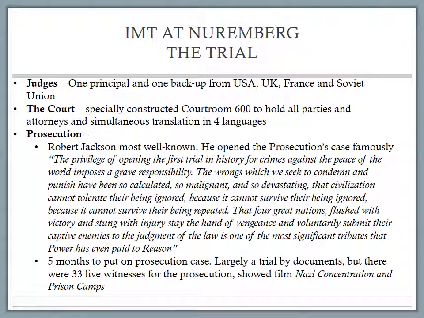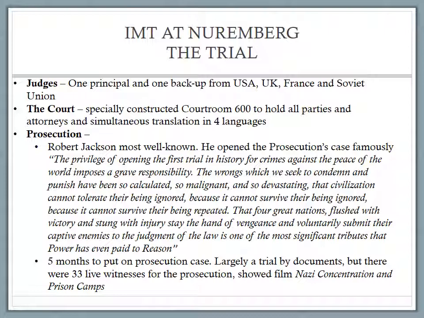The trial. Having just watched the documentary on the Nuremberg trials, I don't want to belabor in great detail every aspect of the trial, but I do want to highlight certain components that we will be able to compare and contrast with other criminal trials that we look at in this class.